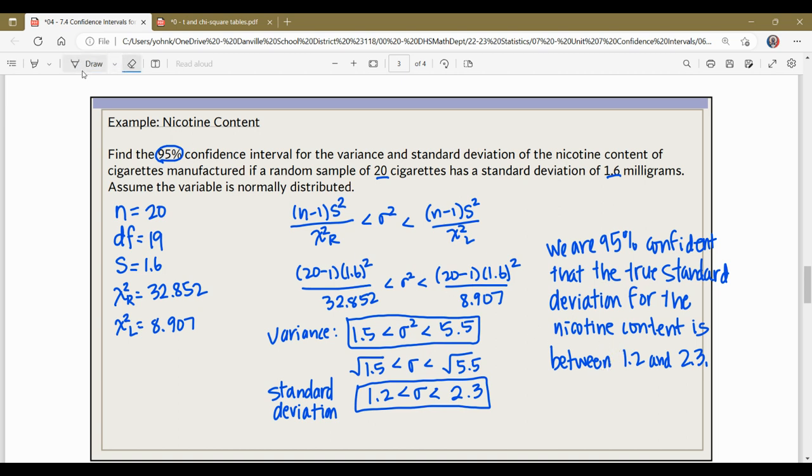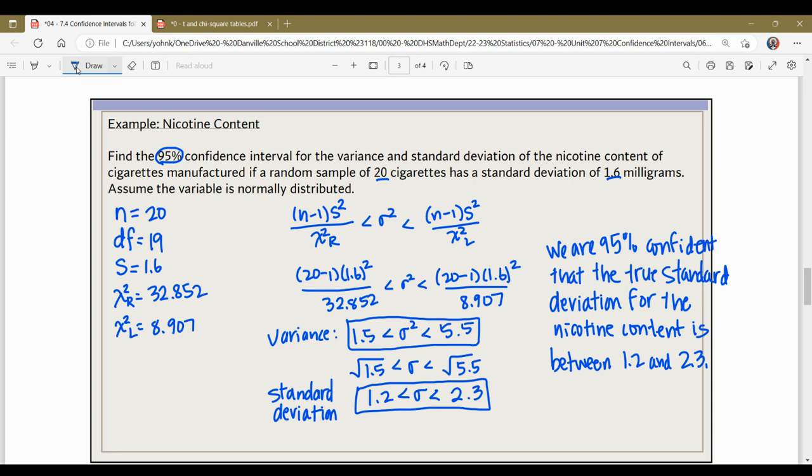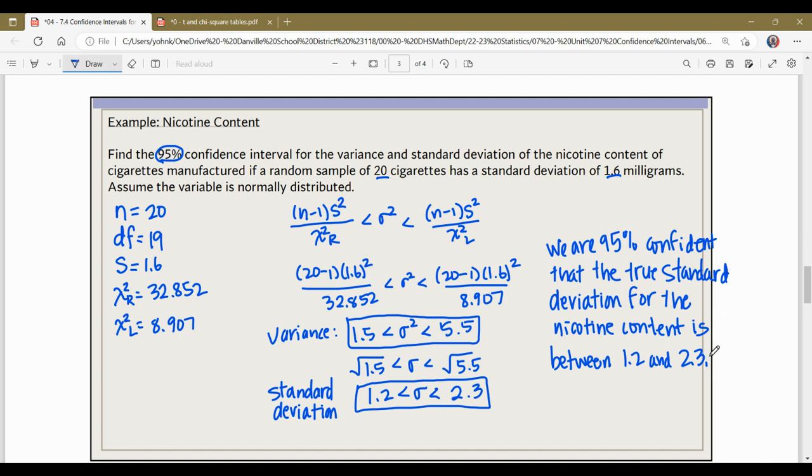All right, so our confidence interval says that we are 95% confident that the true standard deviation for the nicotine content manufactured in cigarettes is between 1.2 and 2.3. I guess we could say milligrams just to label our values.